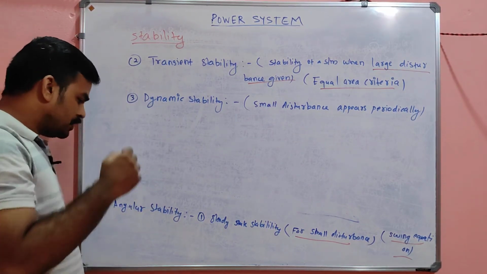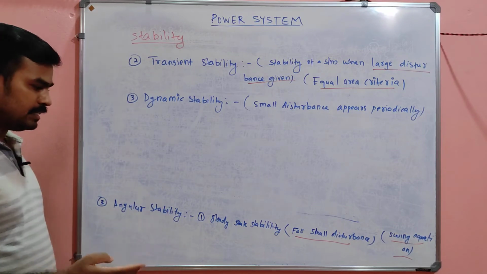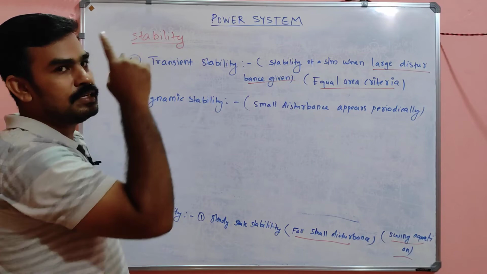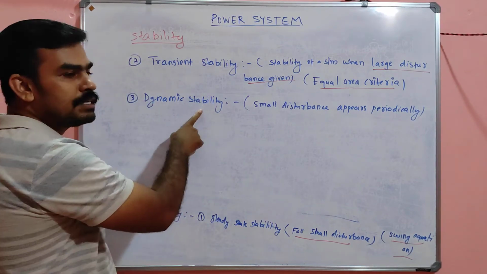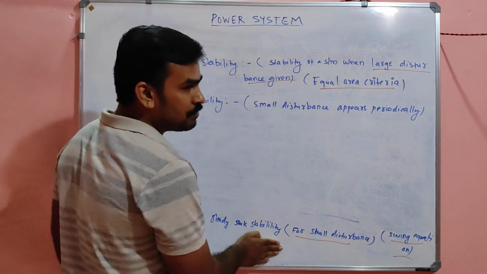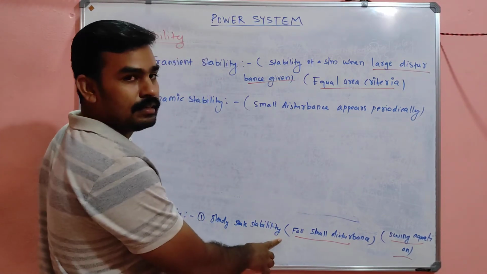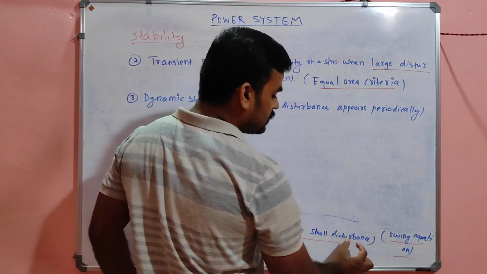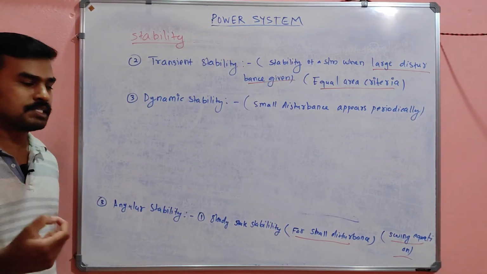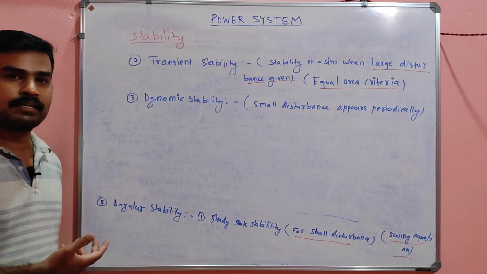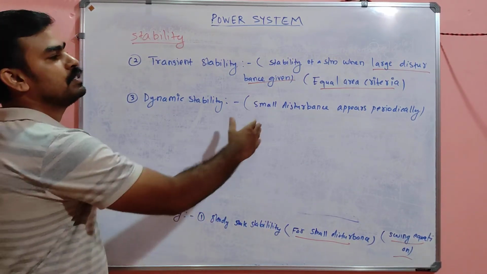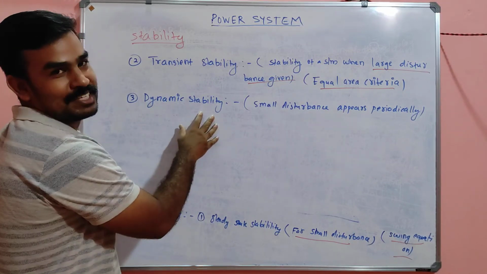So the first two, angular stability and steady state stability, are very important. Transient stability is very, very important. Dynamic stability is not that important, because once you have the knowledge of steady state stability, where a small disturbance occurs for a very short time interval, you can expand that idea over cycles to get dynamic stability.